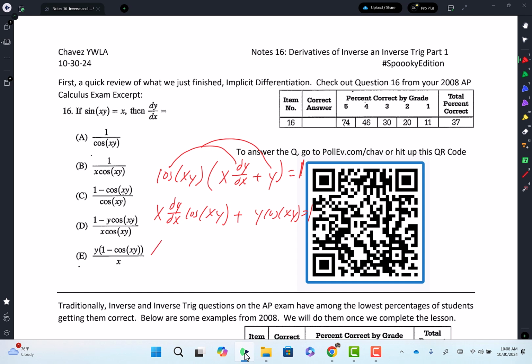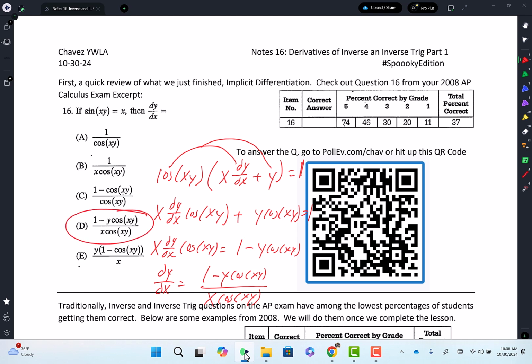So I'm going to have x dy/dx cosine xy equals 1 minus y cosine xy. And then I'm just going to divide by x cosine xy. So dy/dx equals (1 minus y cosine xy) over x cosine xy. And then I choose that, and it looks like it is letter D. So way to go, guys.